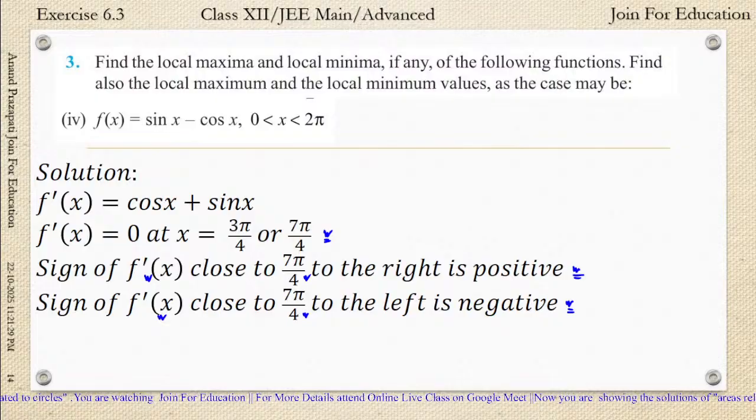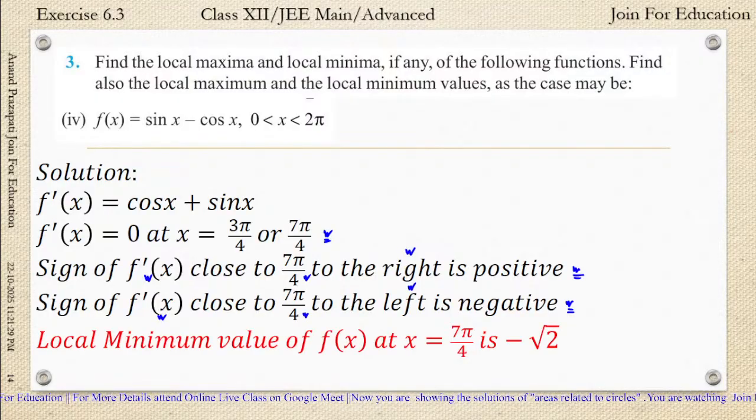Since f dash x changes from positive to negative when we move right to left, local minimum value of f x at x equal to 7 pi by 4 is minus root 2. After this there is no problem to understand the solution of question number 3 to 4.